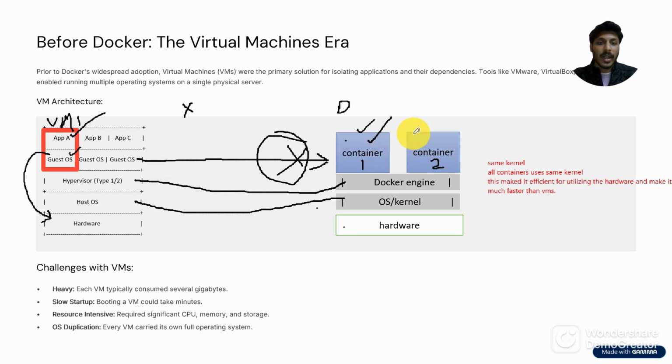I actually made this diagram right before I was going to explain the virtual machine architecture without it. But after making this diagram, it is also clear how much difference and drawback has been solved here. Resource intensive: requires significant CPU, memory and storage. OS duplication: every virtual machine carried its own full operating system.